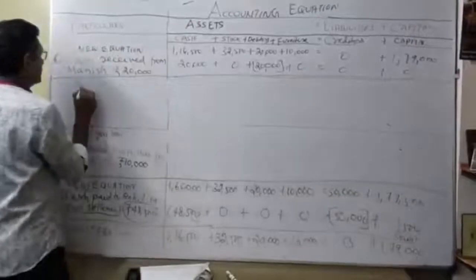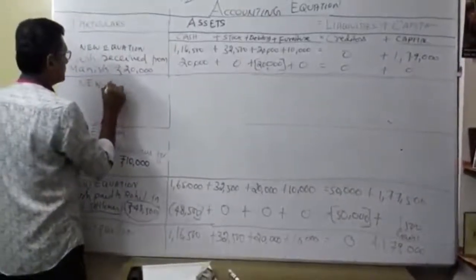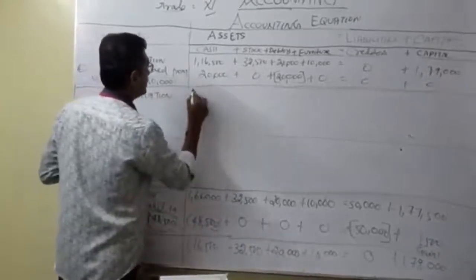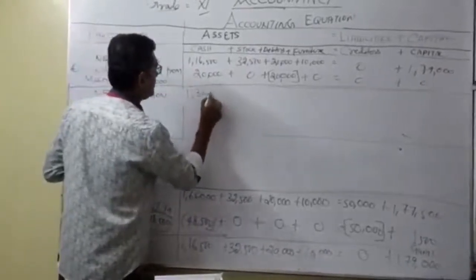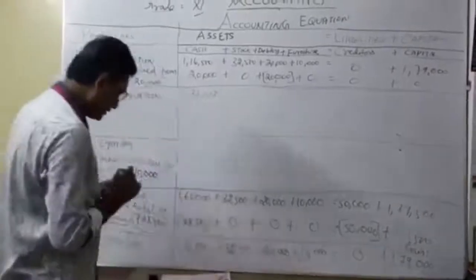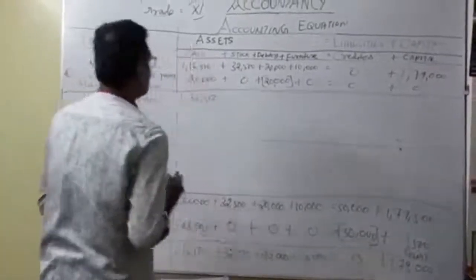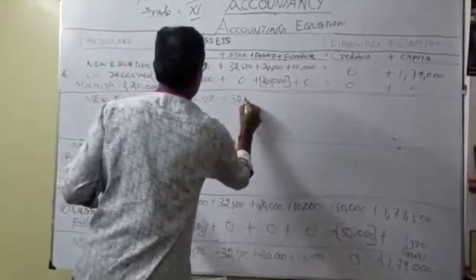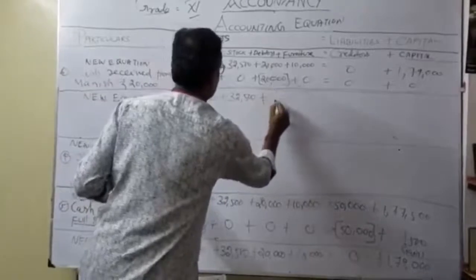See, new equation. So now my cash becomes 1,36,500. My stock, how much? Plus 32,500. Here there is no debtors.